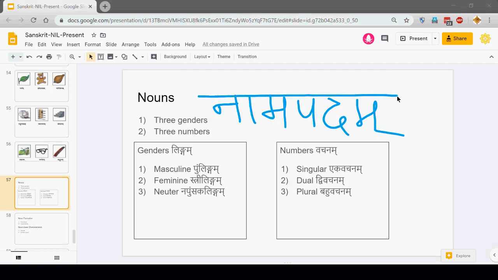Every nama padam can be in one of the three genders. The same padam cannot be in multiple genders. So one nama padam at a time will have only one gender. Paryanka is masculine, as we saw. But each nama padam can be in three numbers depending on how many objects there are, 1, 2 or more than 2.